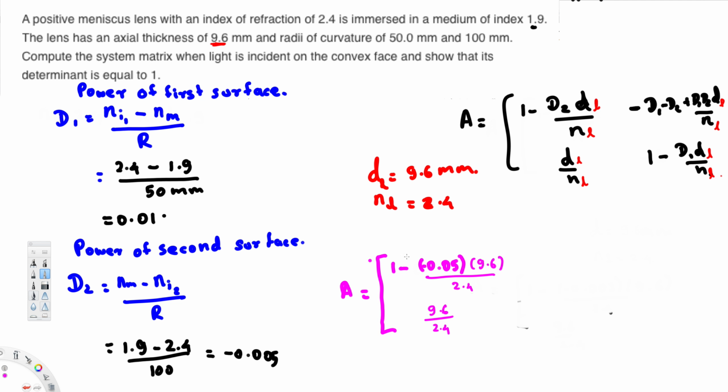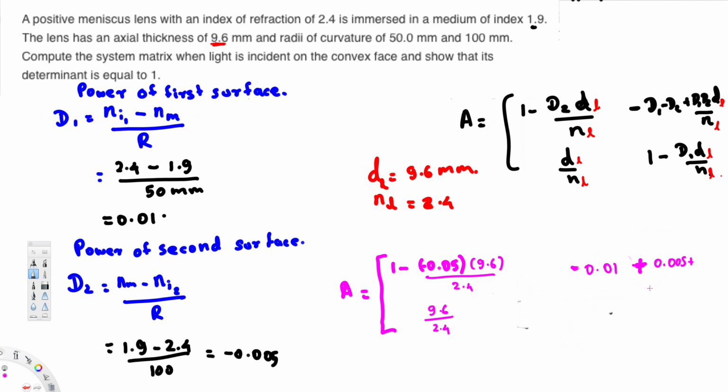Okay, now let's plug in for this one. Negative D1 is going to be 0.01, and minus D2 is going to be negative 0.005, minus minus, that's going to make this plus. So 0.01 plus 0.005, then D1 times D2 times d over n.